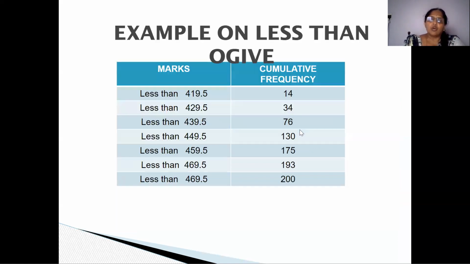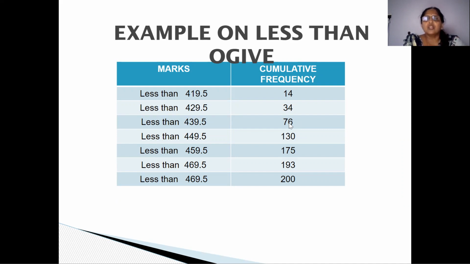Let us study how it can be located. For this purpose, we should have a cumulative frequency distribution. Even if you are given a frequency distribution, either exclusive or inclusive, first we have to convert it into an exclusive class interval.